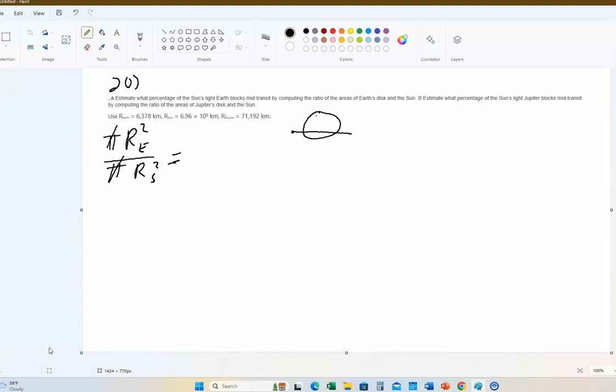So this is going to be part A. For part A, we're going to use the Earth. It's going to be 6378, and notice this is in kilometers. Like I said, you can square this first, or you can square the ratio afterwards.